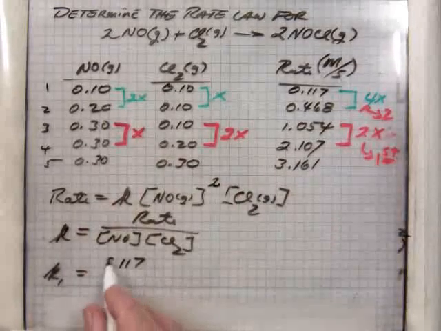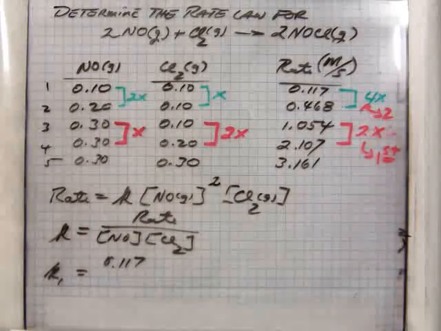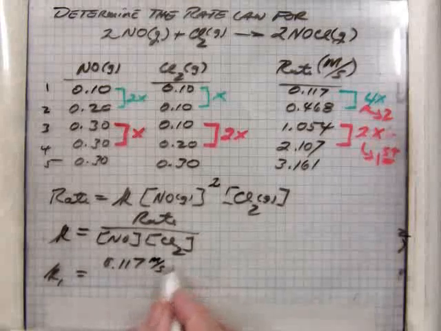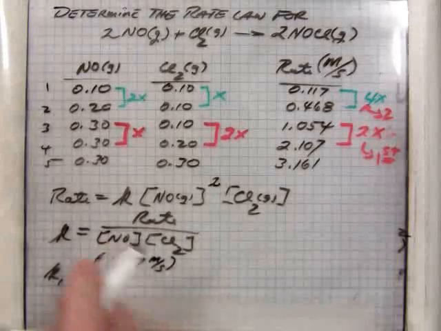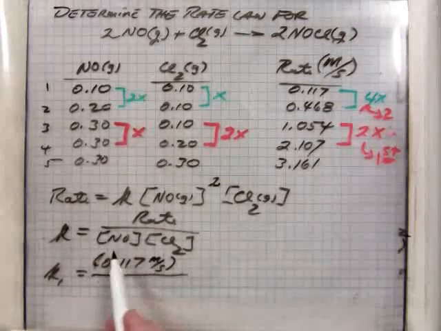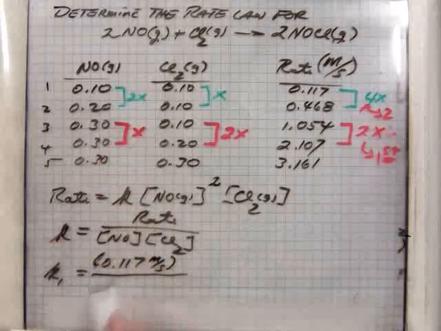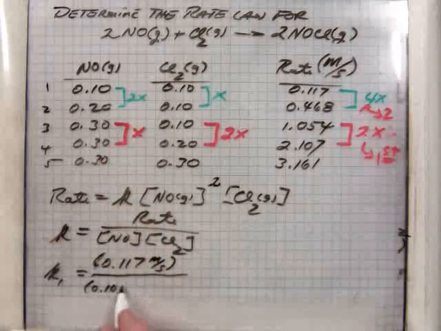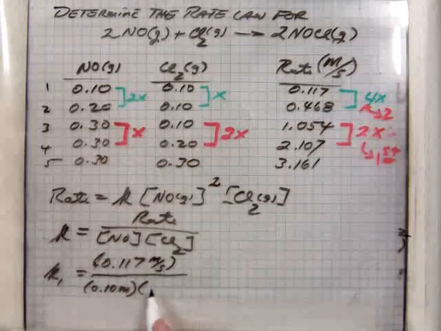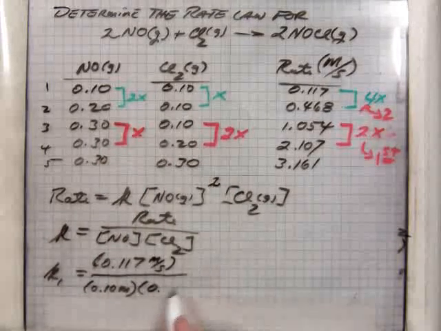Now this is proportionality, so the units will be kind of weird. Molar per second divided by the concentration 0.1 molar, and then 0.1 for the chlorine, but we have to square that one.